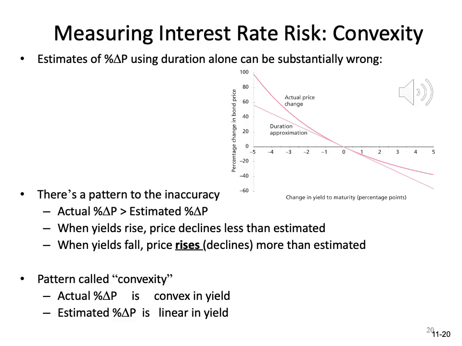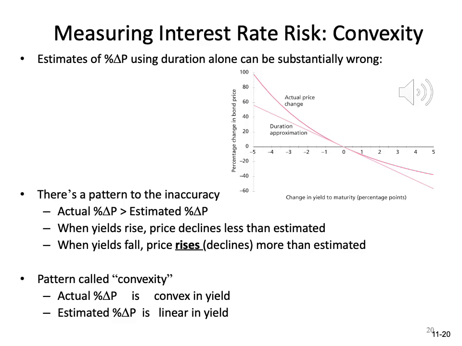If you look at the 0 percentage change in the yield on the horizontal line, when the change in the yield is very small, let's say within 1%, then the estimation using the duration is going to be very accurate, very close to the real change in the price.